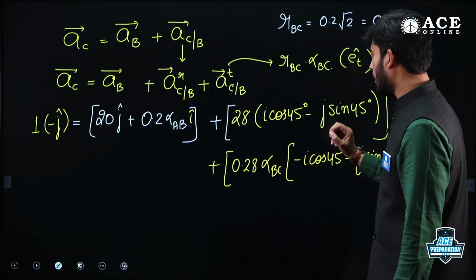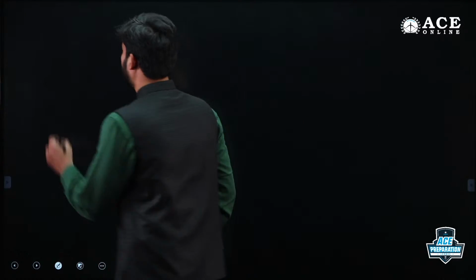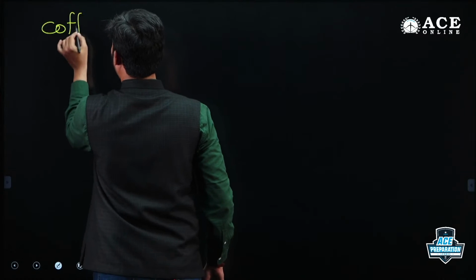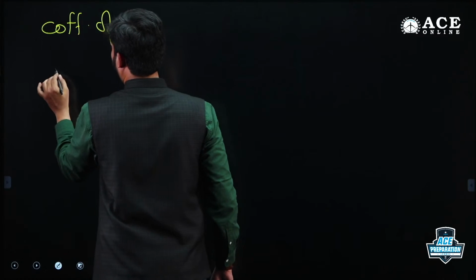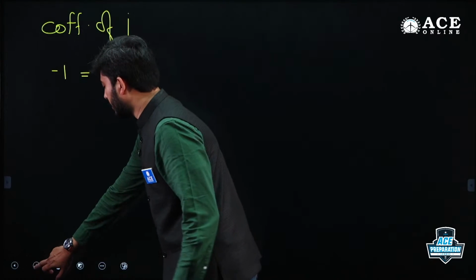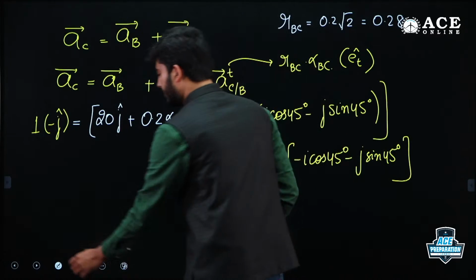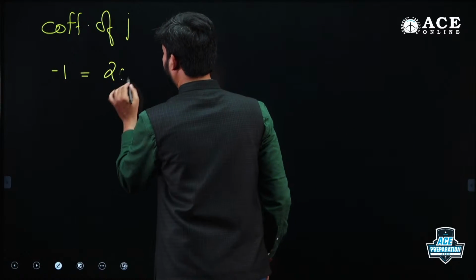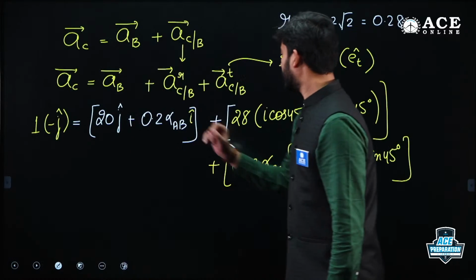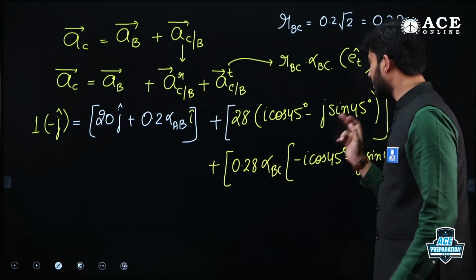So here, first we will collect the j coefficients. Coefficients of j, that is minus 1, and this will be plus 20. Here it is 28 sin 45.